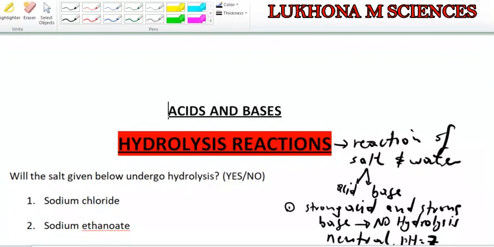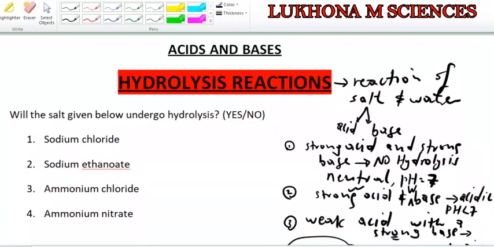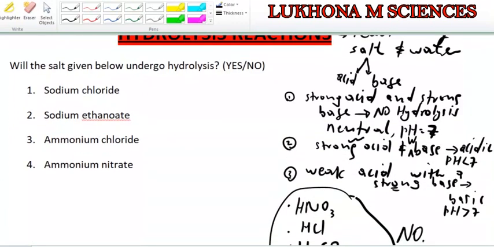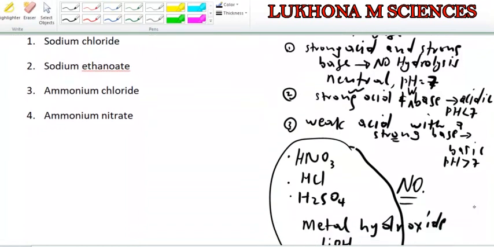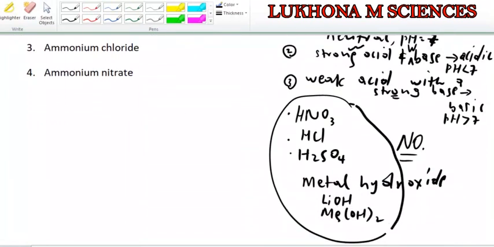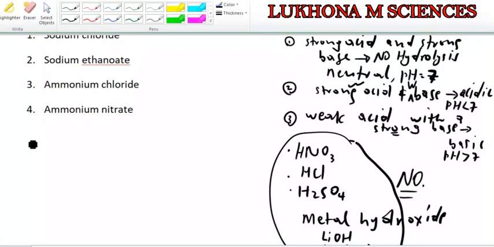Now let's start with number 1. Our number 1 is sodium chloride, NaCl. Sodium is a metal, which means it is from a strong base, that is sodium hydroxide. Cl is from HCl, which is a strong acid.